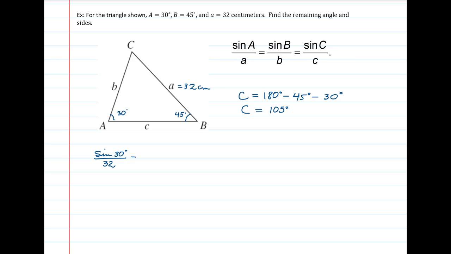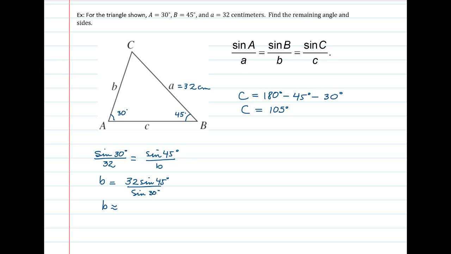Now we're ready to use our law of sines, and we set it up by doing sine of A over lowercase a is equal to sine of B over lowercase b. Now for us, angle A is 30 degrees, so sine of 30 over 32 is equal to sine of 45 over side b. We solve for lowercase b, and we get that b is equal to 32 times sine of 45 degrees divided by sine of 30 degrees.